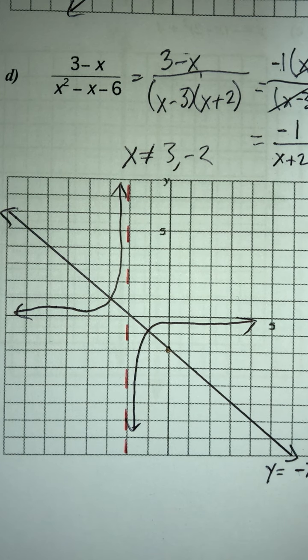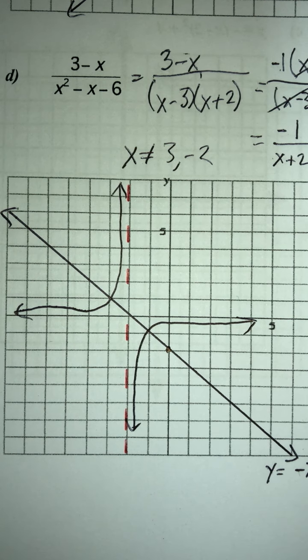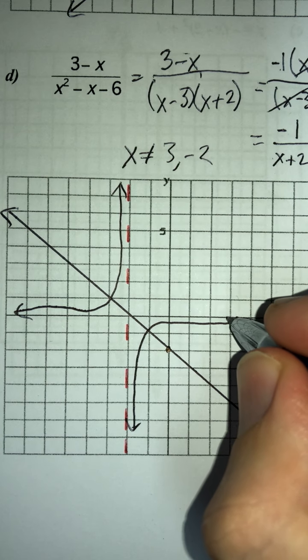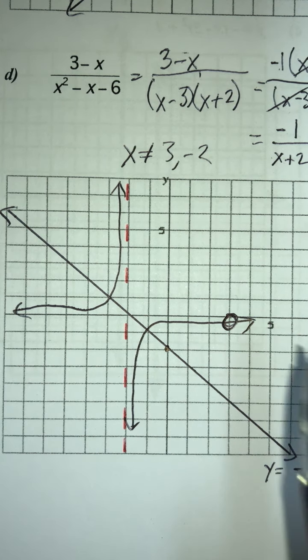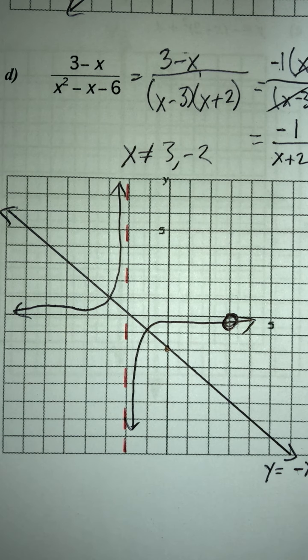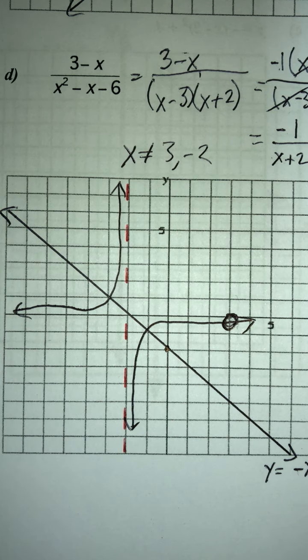And I need to take a look at the restriction. I didn't deal with the restriction. I dealt with -2, there's an asymptote, but the x minus 3 got canceled. So at x equals 3, 1, 2, 3, I need to put a hole. If you do something like this and you drew the line in the middle, I'm going to be okay with that. Just make sure you put the circle there to indicate that there's a hole in that spot.